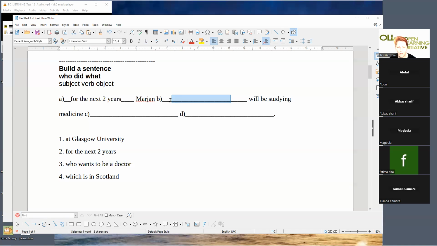And why does that go there? Because it's about, who wants to be a doctor? What is that describing? Marjan. Yeah, so it has to go next to her. C1. Yes.